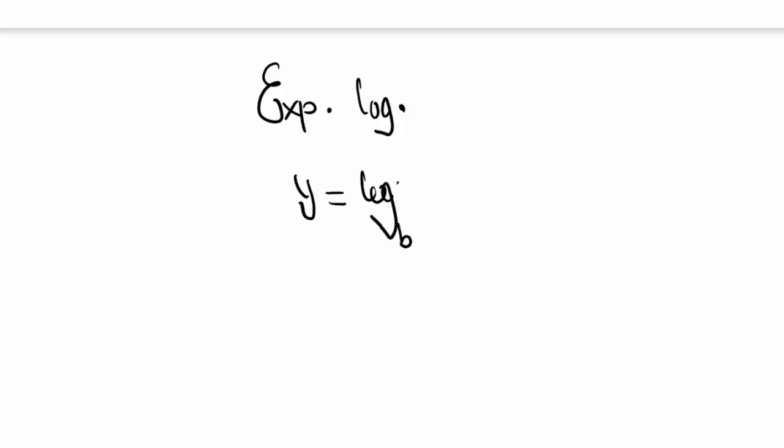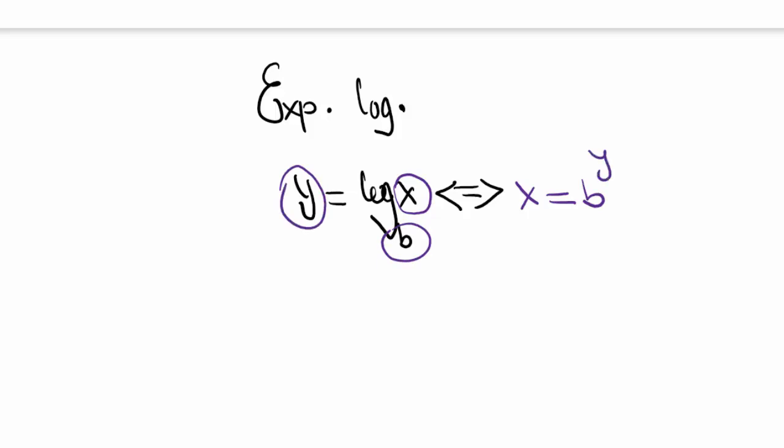It's very important to remember the relationship between an exponential expression and a logarithmic expression. We said that y is equal to the log base b of x if x is equal to this base to the power.